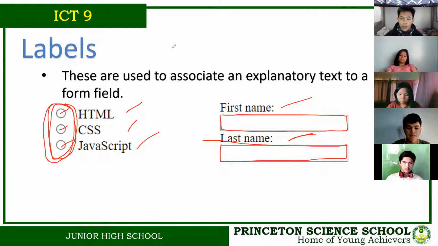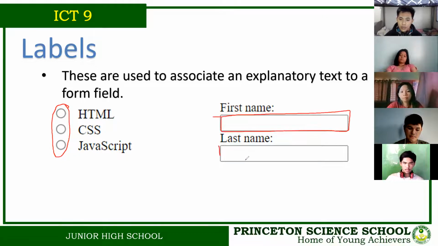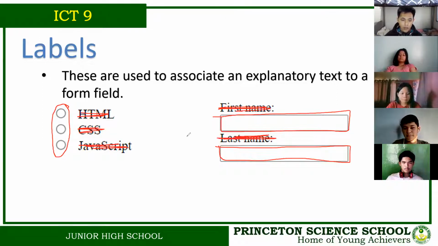Labels are very important to be paired with their respective input fields. Because imagine you only have input fields and you don't have any labels on them. You don't know what to put inside. You're going to be paranoid. What do I put?